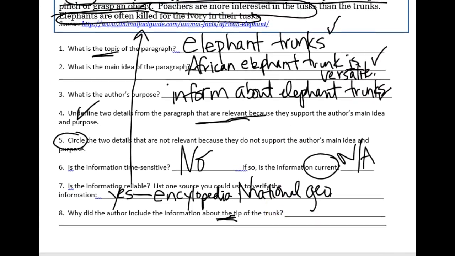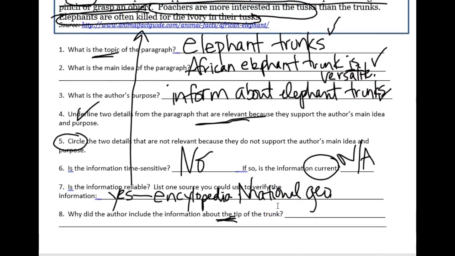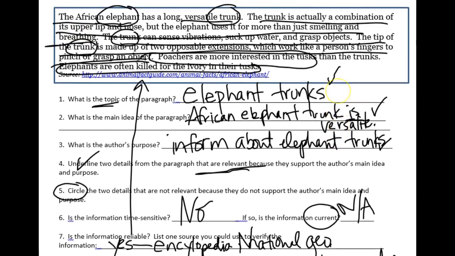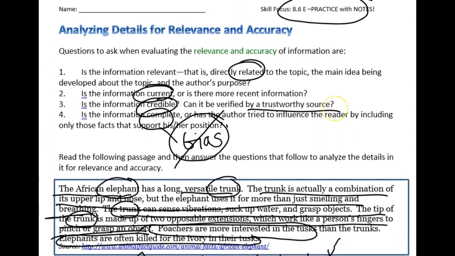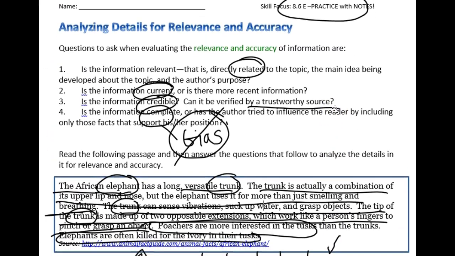So why did this person include that information? Does it support the main idea? Does it tell you their opinion? What does it do? And overall, the tip of the trunk, because the whole thing's about it, supports the main idea. So all we're doing really is looking at information and trying to figure out, okay, they wrote this, but why did they really write it?